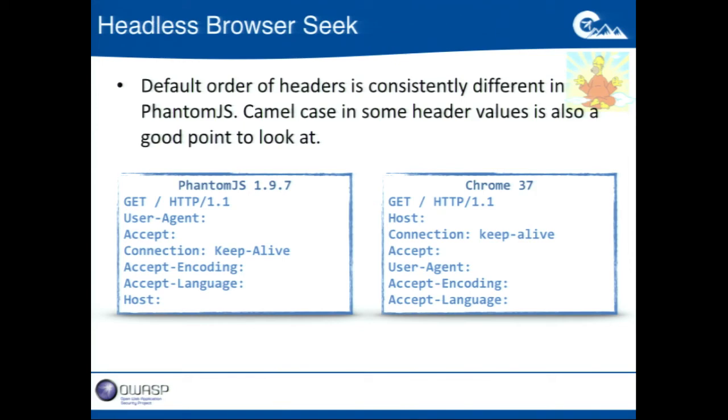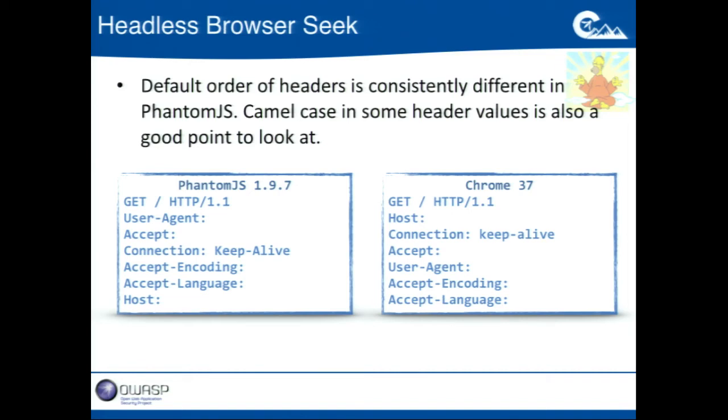Also, for example, Keep-Alive or some others would be camel-cased in PhantomJS and not in real browsers. Almost all real browsers, except Opera 12, which was the pre-Blink version of Opera. Now Opera is using the same engine as Chrome. So yeah, it's a pretty reliable way to catch Phantom, right?